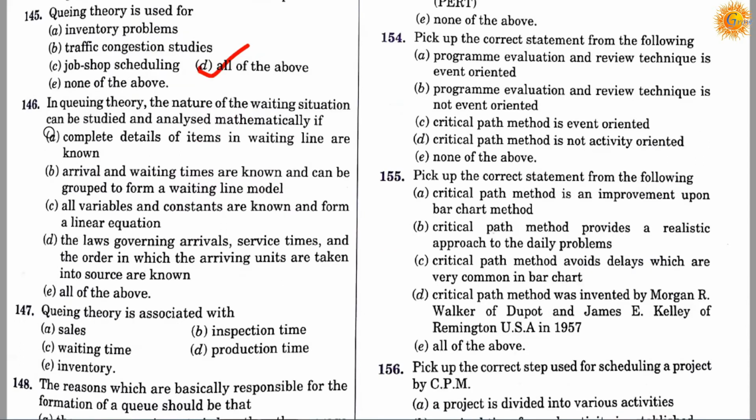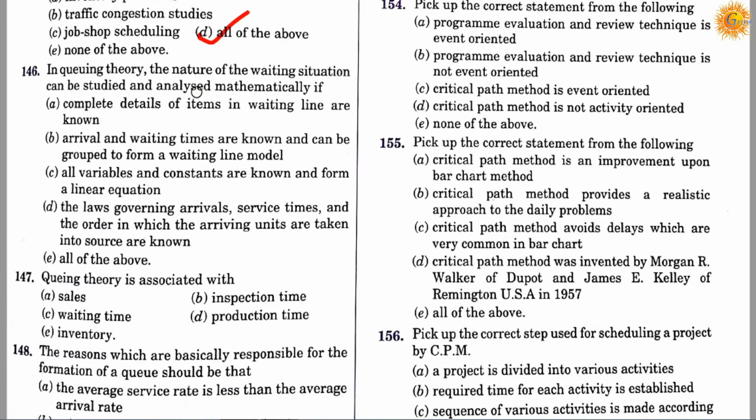Question number 146. In queuing theory, the nature of the waiting situation can be studied and analyzed mathematically if, option A, complete details of items in the waiting line are known. Option B, arrival and waiting times are known and can be grouped to form a waiting line model. Option C, all variables and constants are known and form a linear equation.